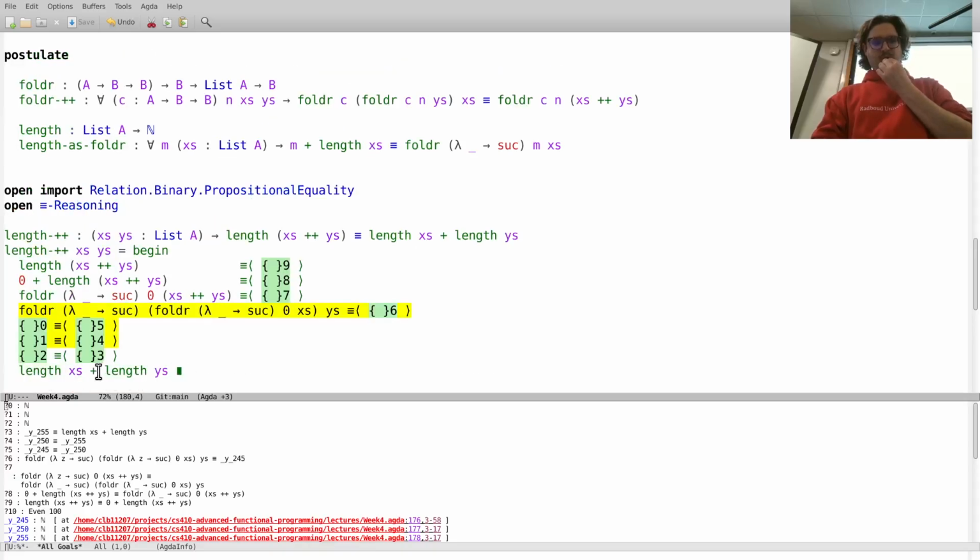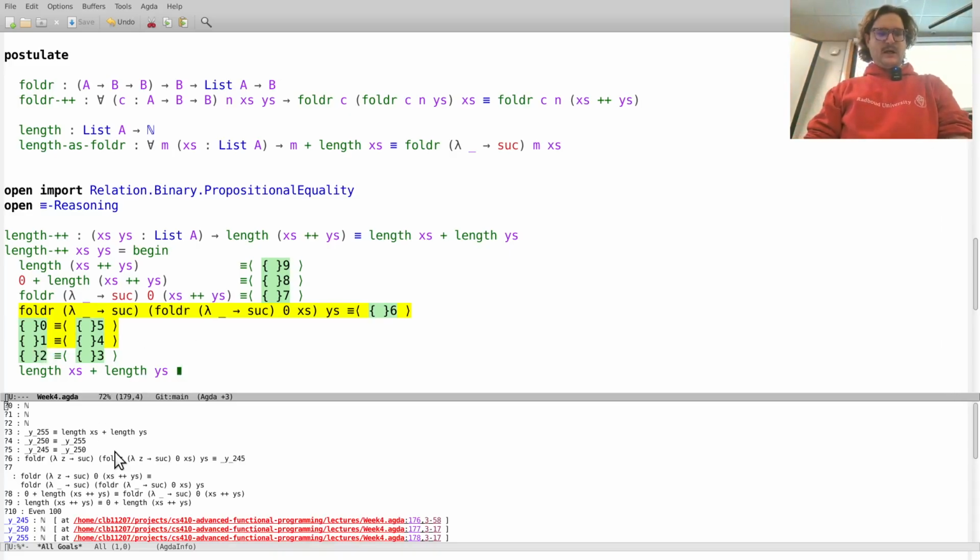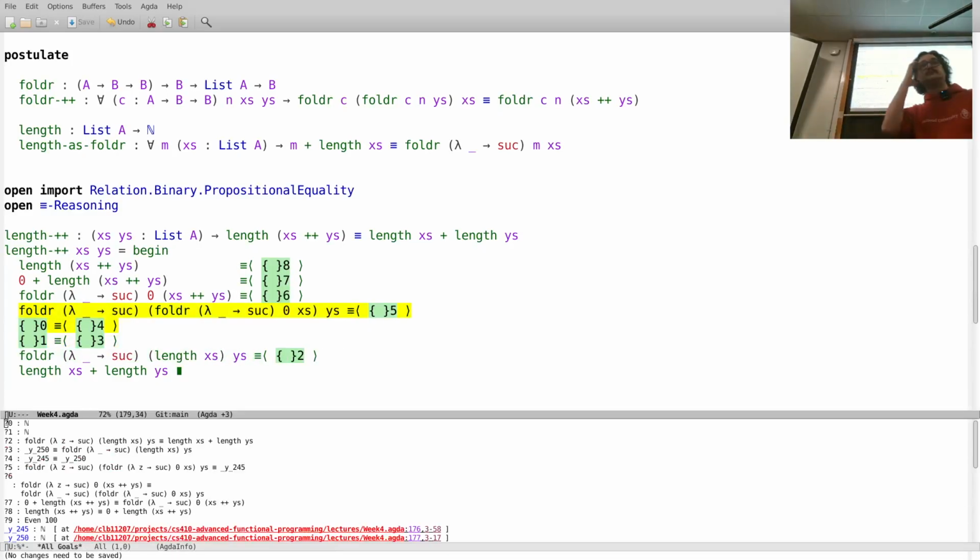Okay, so here I have length x's plus length y's. And the only thing that I can use is, again, the result about length. So I may want to apply it, and then I would get something like a foldr of lambda soc length x's on top of y's. Okay.